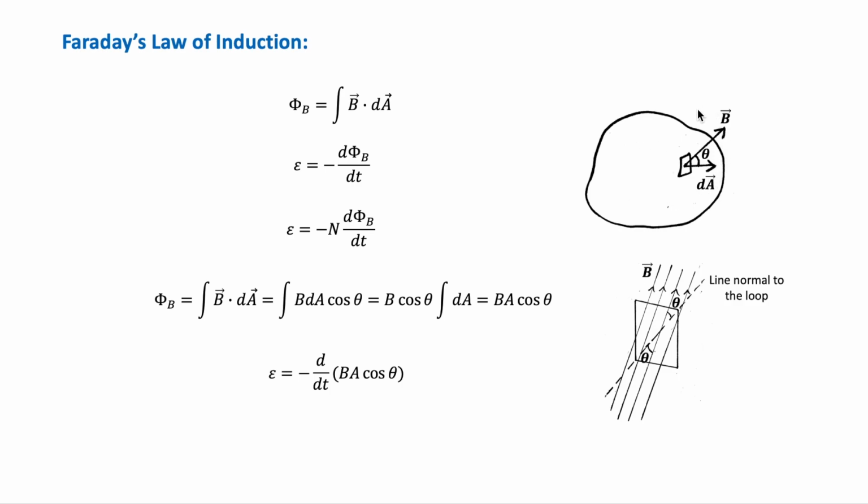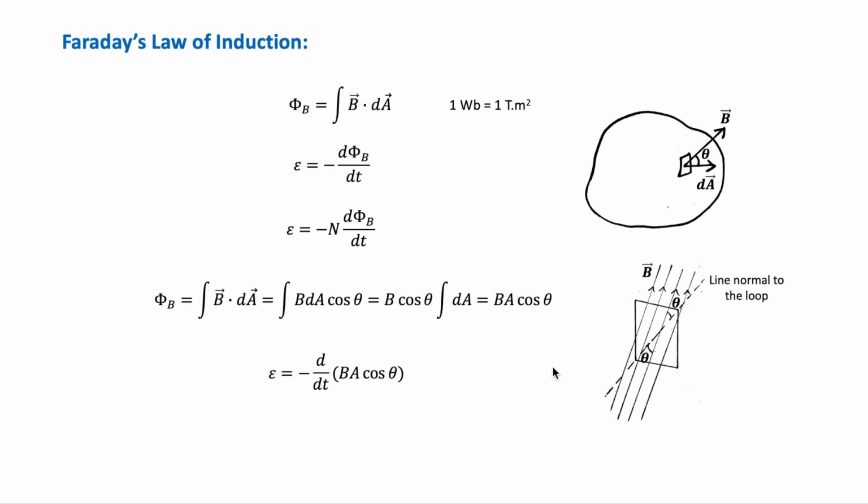If the magnetic field at the location of the element area dA is B, then the magnetic flux through that element is B dot dA, okay, where dA is a vector perpendicular to the surface element of area dA. And so the total magnetic flux phi B is equal to the integral of B dot dA.